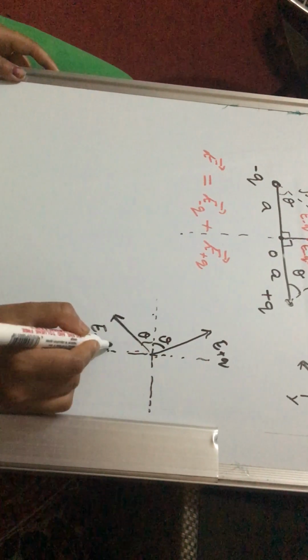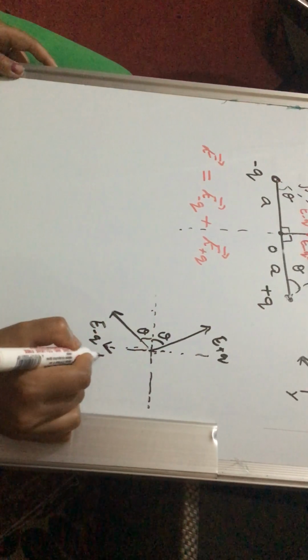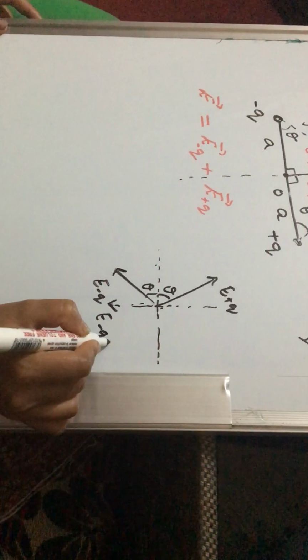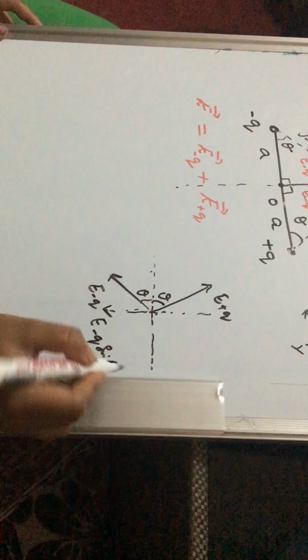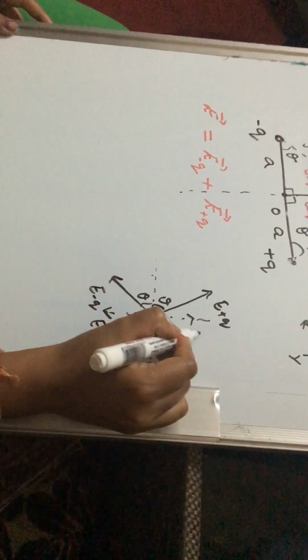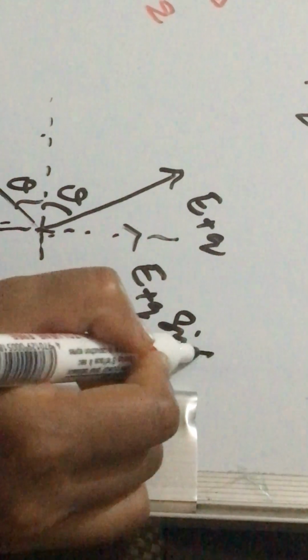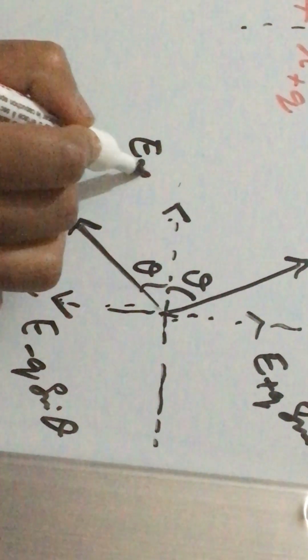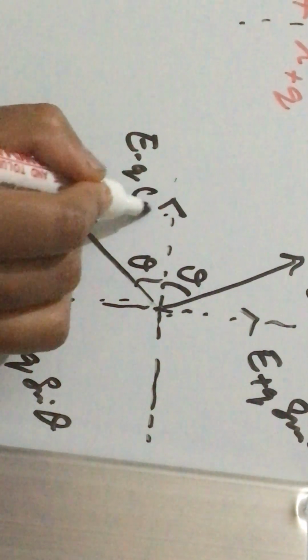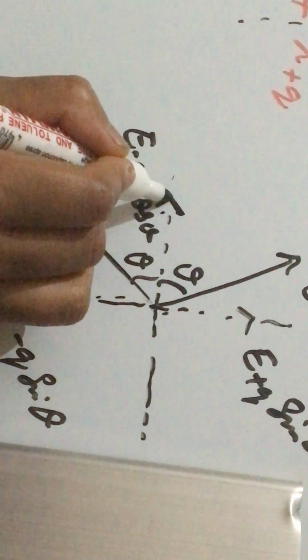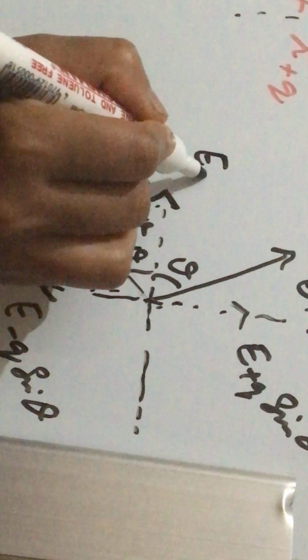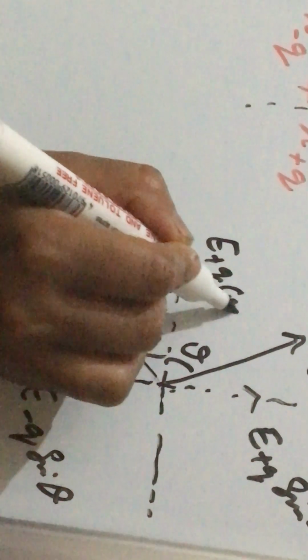Now based on the geometry, one term becomes E minus Q sine theta, another becomes E plus Q sine theta, then another one E minus Q cos theta, then the same E plus Q cos theta.